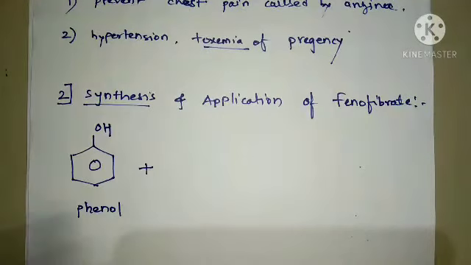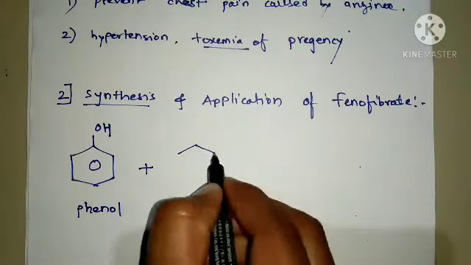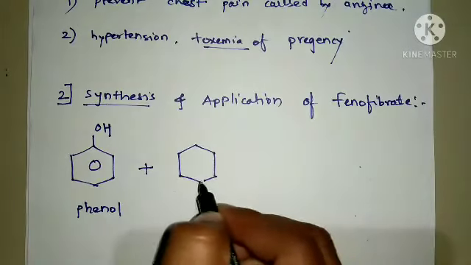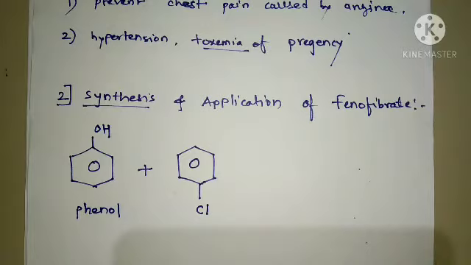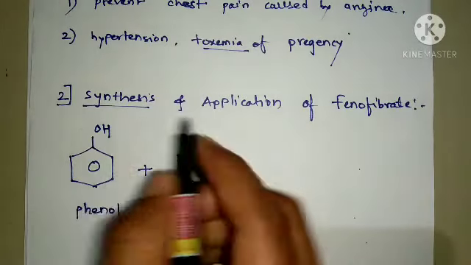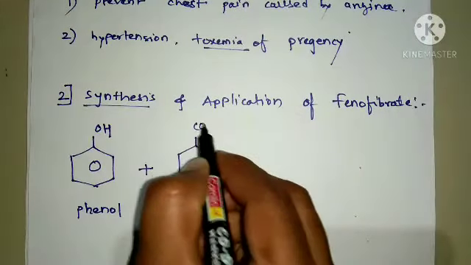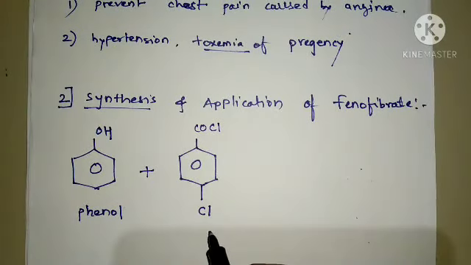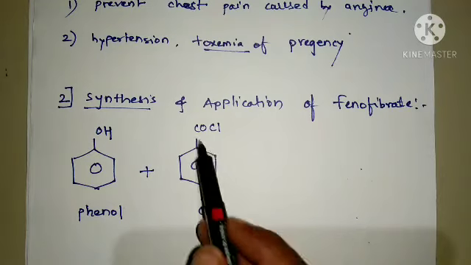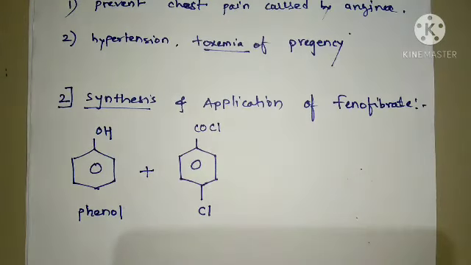Then another reactant molecule is also required, that is a benzene ring attached to Cl, and at the para position having a COCl. That means one para position has a chlorine and the other para position has a COCl group.